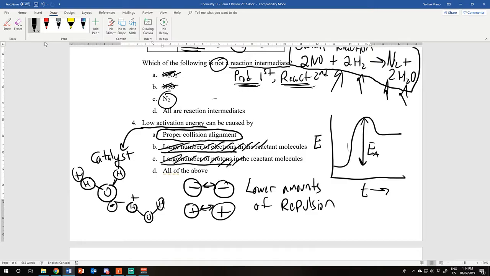If I try to ram these ends together, well, that's probably more likely, because I've got a negative and a positive, and they will probably try to attract each other much easier than if I were to ram the two oxygen ends together. Okay, so this is going to be the answer for this, because again, activation energy arises from just how electrostatic forces work.